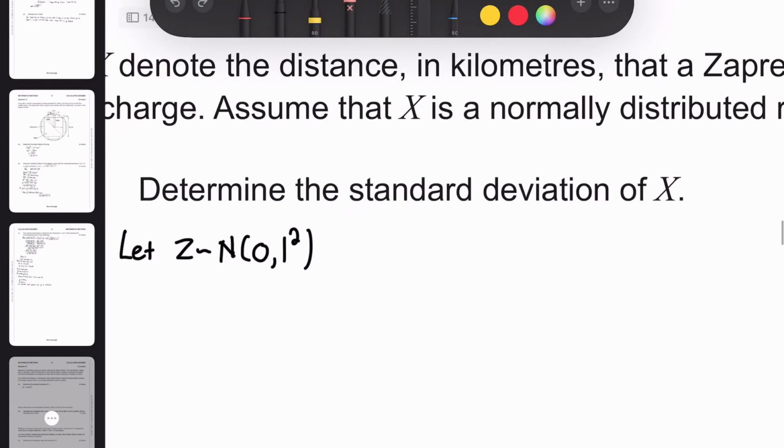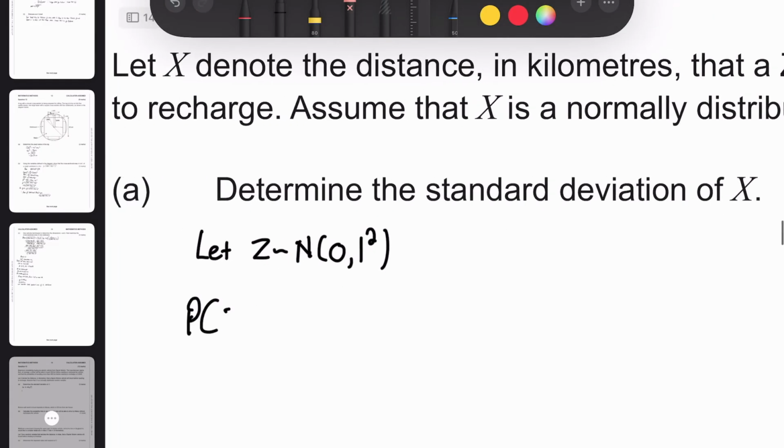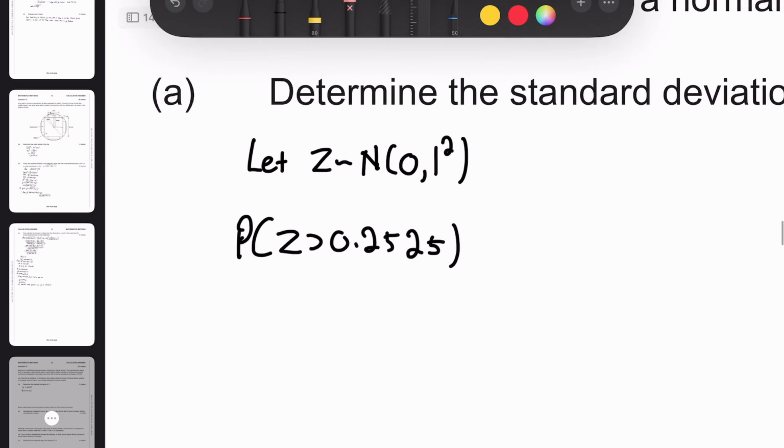So we know that this z score, z greater than k, is equal to 0.2525. Sorry, what am I doing?